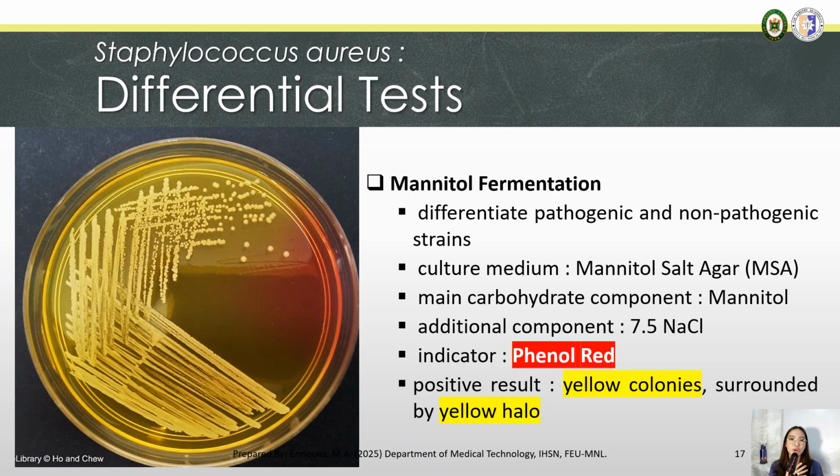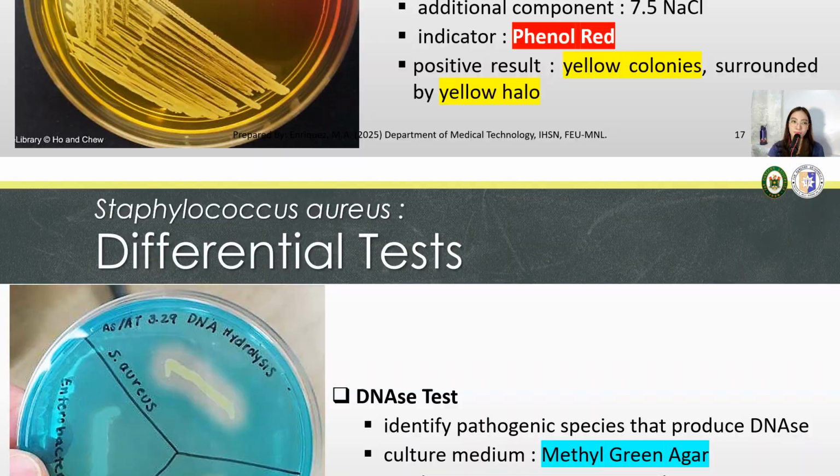So notice, 'di ba po, dito sa areas nung culture media na to na walang tumubo na colonies, it's showing us na color red pa rin because again, the original color of the mannitol salt agar is red. So again, MSA is used to differentiate pathogenic strains from the non-pathogenic strains of Staphylococcus aureus. Because again, kung pathogenic ang strain ng Staph aureus na na-isolate ninyo, it could ferment mannitol and it could survive high salt concentration.